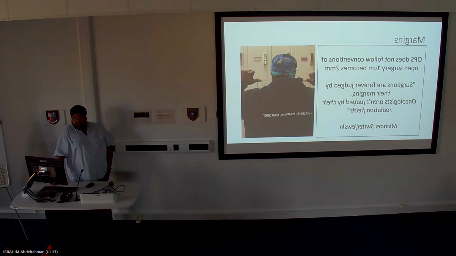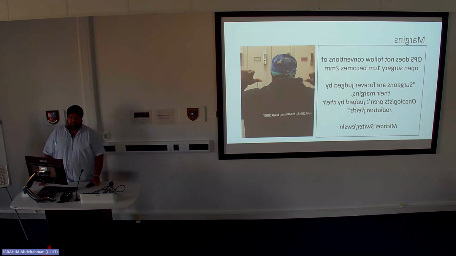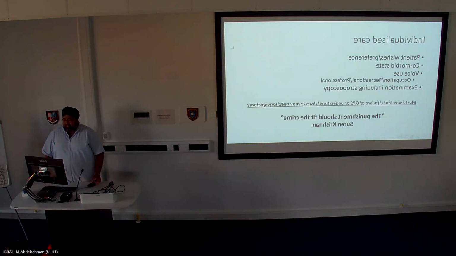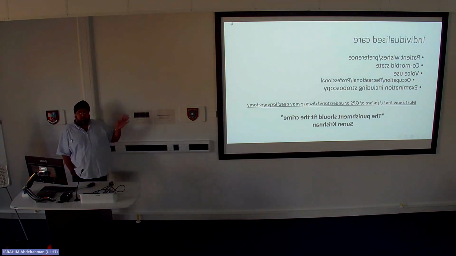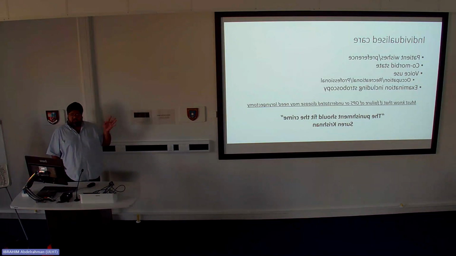One of my old bosses uses the term, surgeons are forever judged by their margins, and oncologists aren't judged by their radiation fields and the subsequent problems that you get from that. Your margins are important, but you can't get 1 centimetre in most places because you can't chop out the cricoid as a whole.